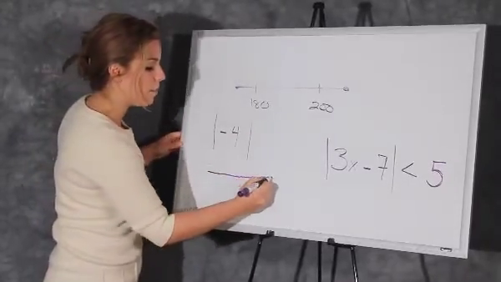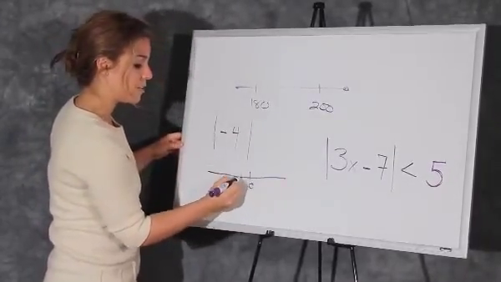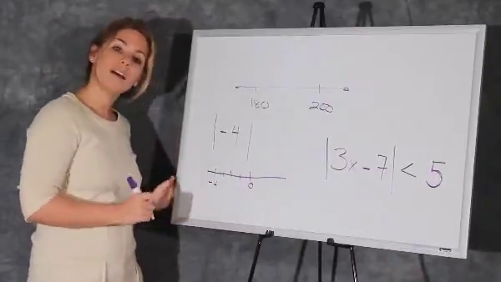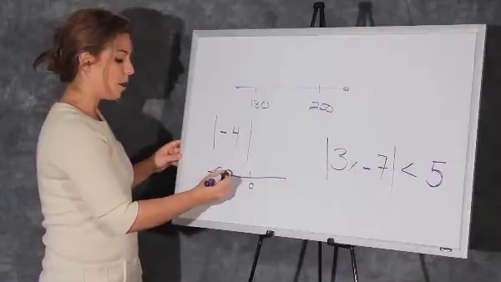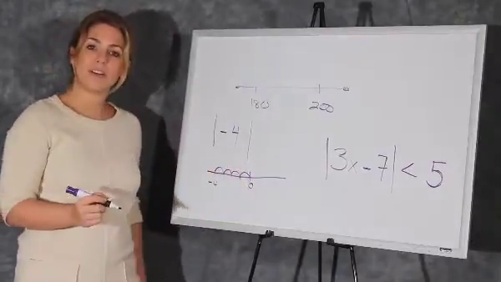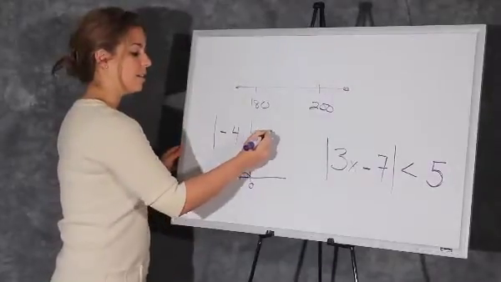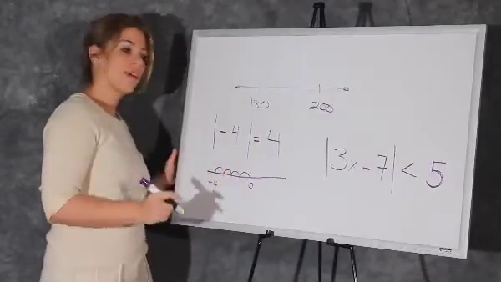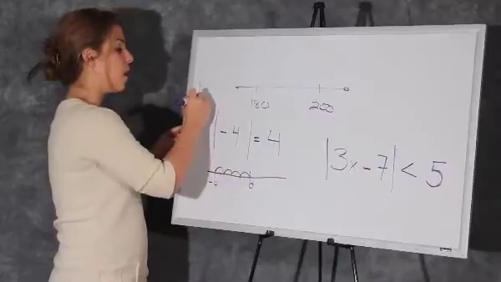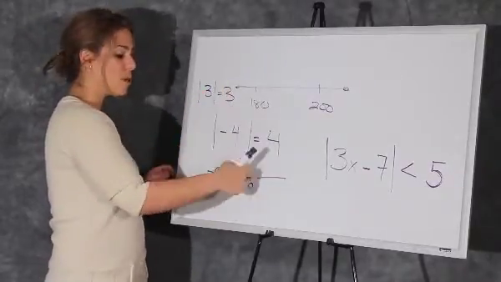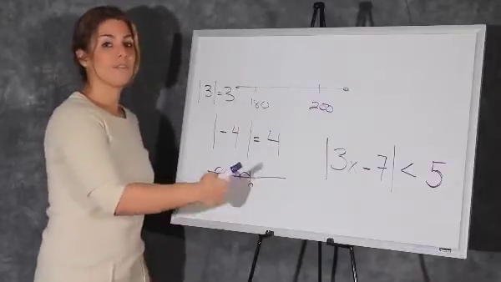So if you have a number line and here's 0 and then here is -4, -4 is 4 units away from 0. So the absolute value of -4 is just 4. The absolute value of 3 is 3 because it's 3 units away from 0.